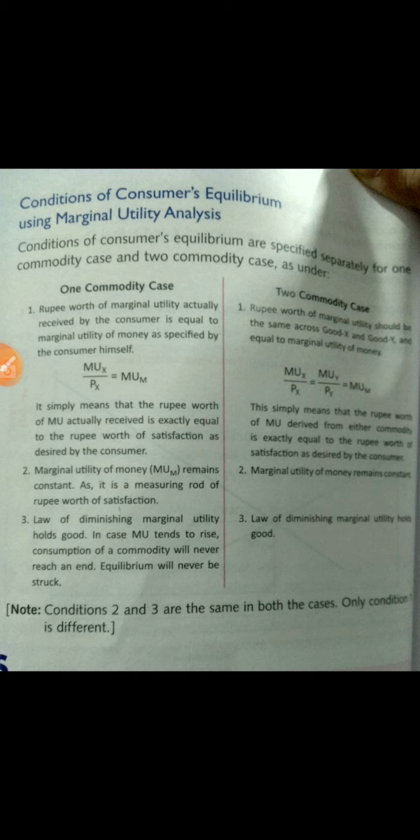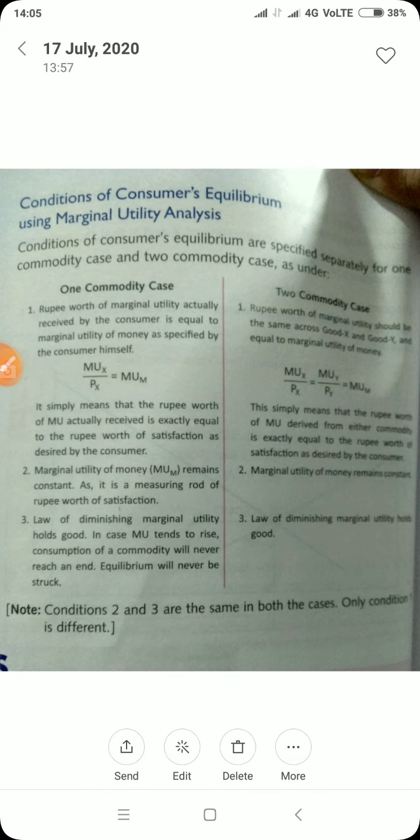That means, in the case of one commodity, he is able to get the equilibrium when the rupee worth of marginal utility is exactly equal to the rupee worth of the satisfaction. That means the percentage of money he is spending on the purchase of the commodity is equal to the percentage of the satisfaction he is receiving.